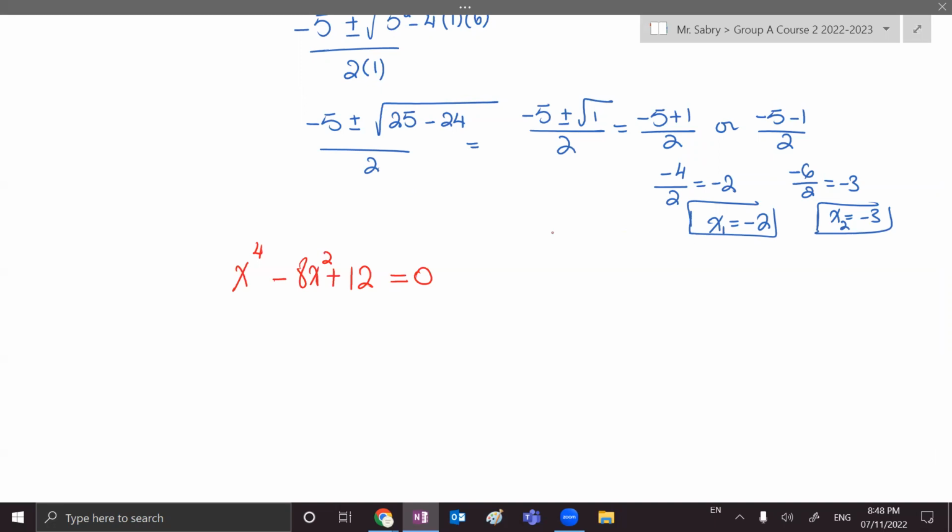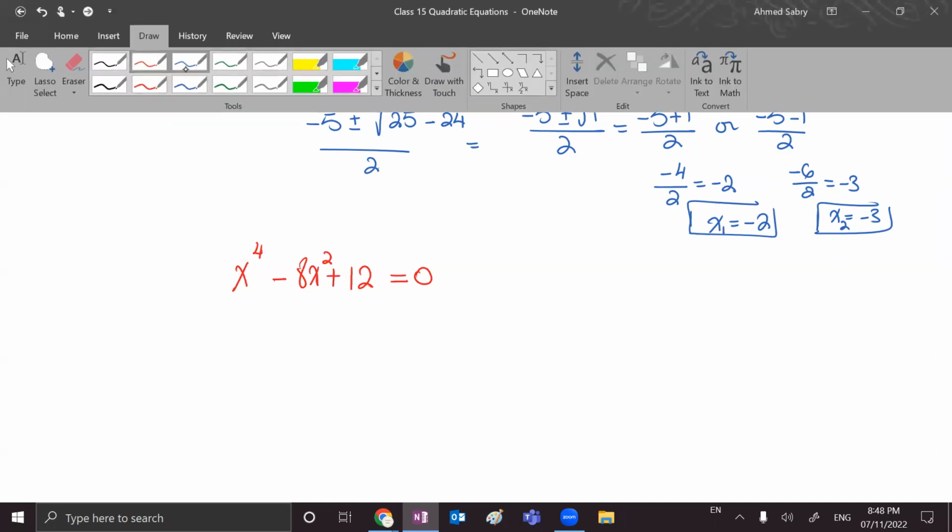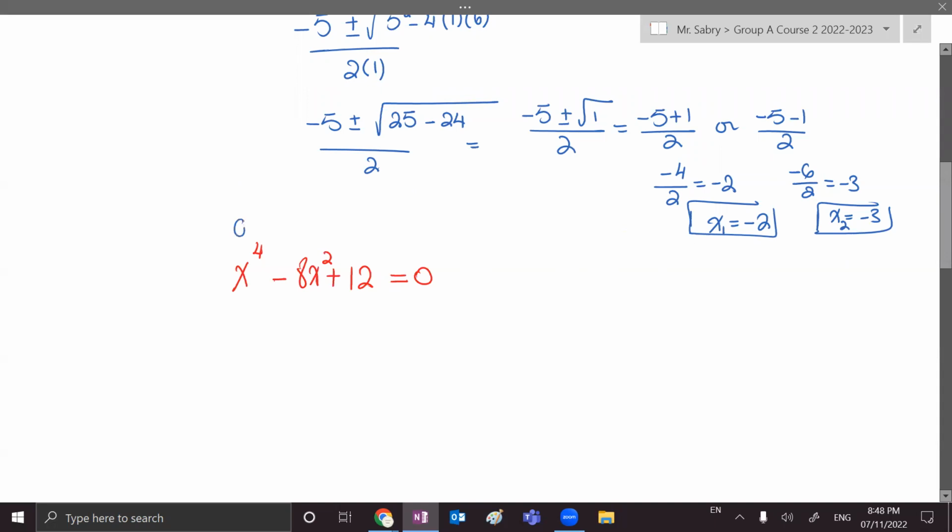It seems very similar to the quadratic equation we know, ax squared plus bx plus c. But what's the difference here? The difference is that the powers are not the same. So what we're going to do is pretend that each one of the solutions is considered x power 2 on its own.